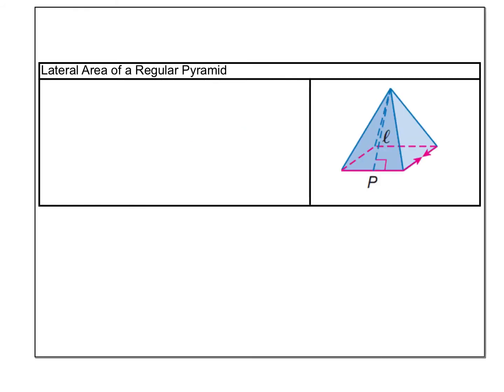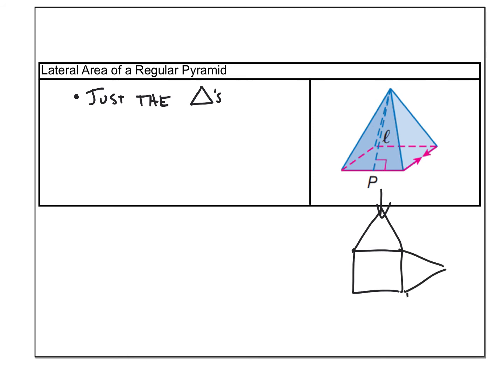So my lateral area of a pyramid, if I unfold this, in terms of words, what would I be looking at? Lateral area is just going to be the triangles. If I unfold this net, we'll call it a square, so that's a triangle off of each side.